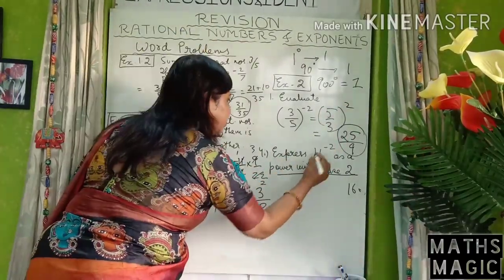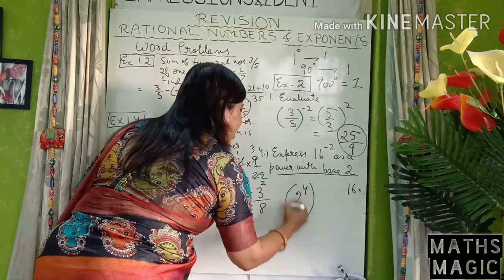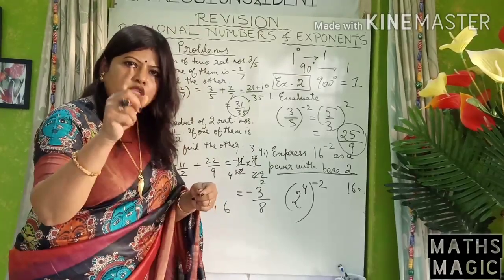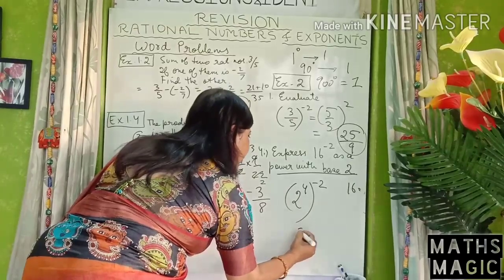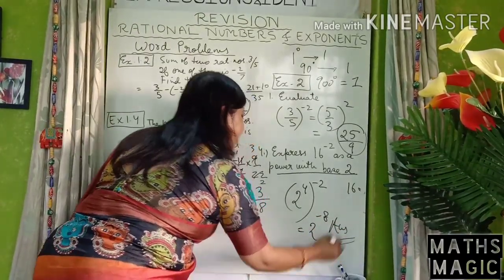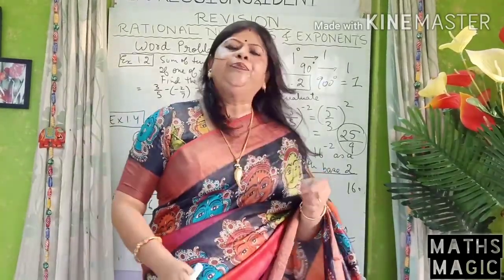So 16 if I break, it will be 2 to the power 4 and to the power minus 2, which is already there, isn't it? Now third law of indices, what we have to do, powers will be multiplied. So this becomes 2 to the power minus 8, and that is your answer. Follow? 2 to the power minus 8.